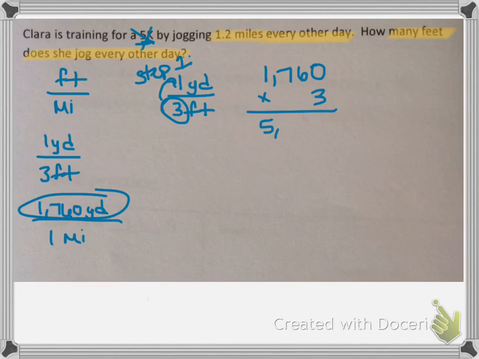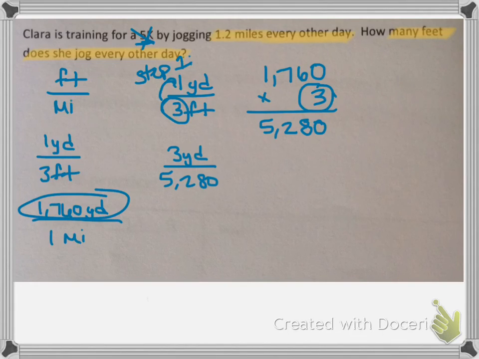I'm going to soon learn, and this is something I'm going to memorize, that the answer is 5,280. You don't need to know the math of that right now. We'll explain that tomorrow in class, but know that 5,280 is what we're going off of.